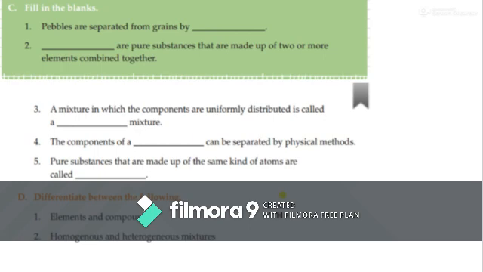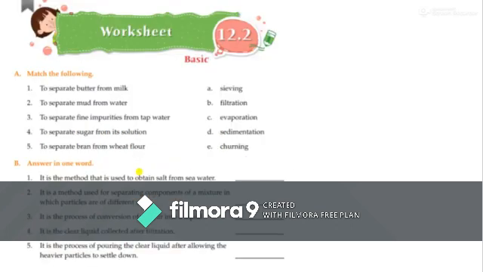So there is a difference between the layers of separation. No layer of separation is seen in the homogeneous, and a layer of separation is seen in the heterogeneous. The composition throughout the solution is the same in the homogeneous, and the composition throughout the solution is different in the heterogeneous mixture, right?